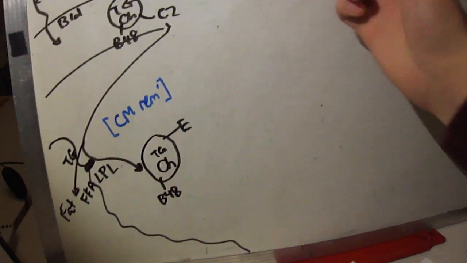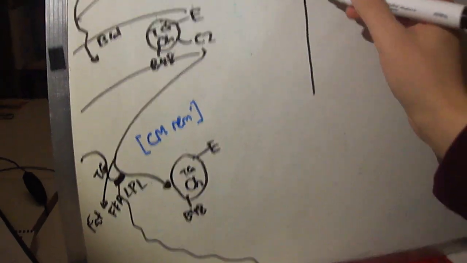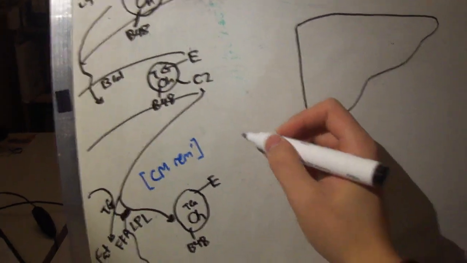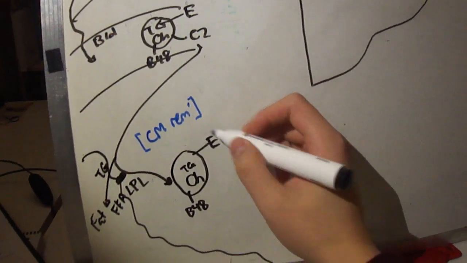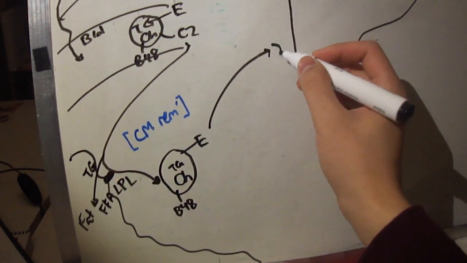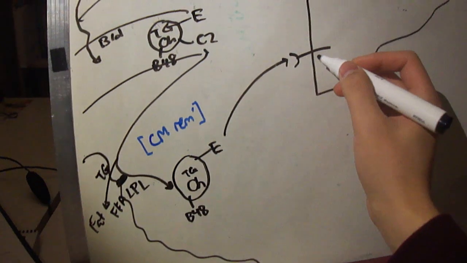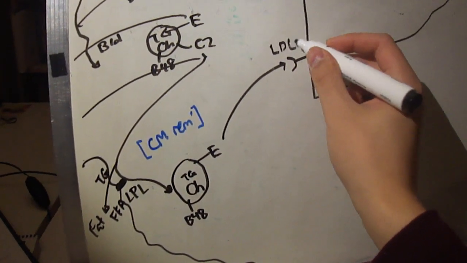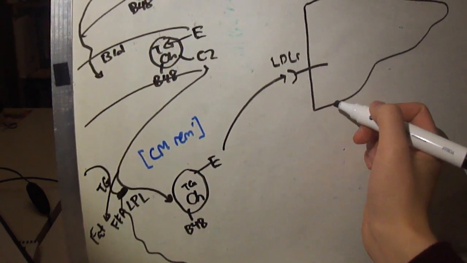Now what's going to happen to this particle is that the apolipoprotein E is going to track it to the liver. It's going to meet with a receptor called the LDL receptor at the liver.